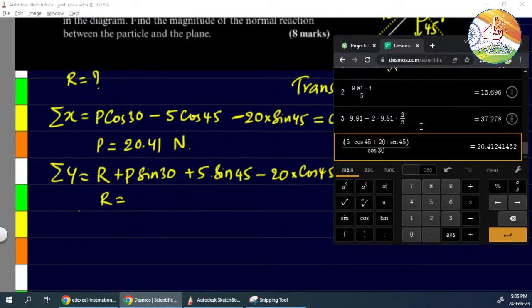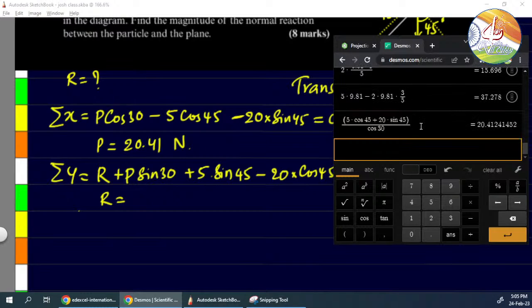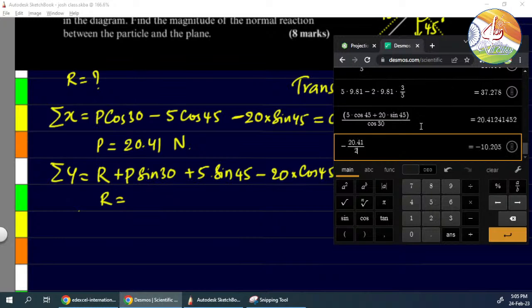So let's take all these values to the other side. So P minus 20.41 by 2, because sine 30 is 1 by 2. Then this becomes minus 5 into sine 45. Then this becomes plus 20 into cos 45.